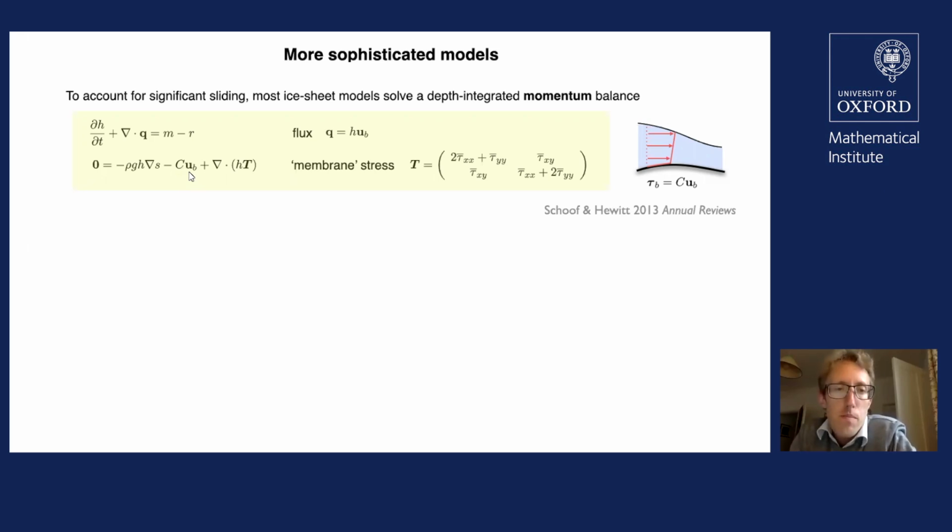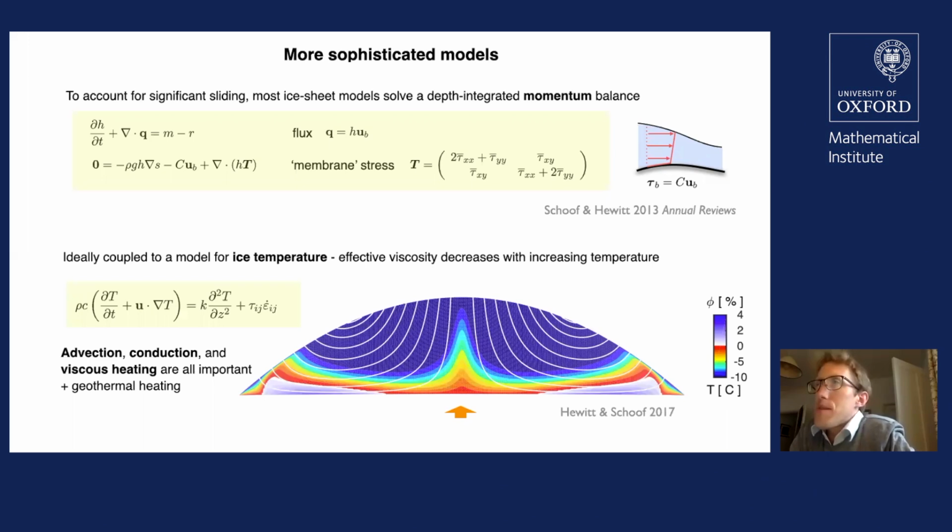If we want to do this properly, we have to couple this to a model for the ice temperature, although this is not always done, because the viscosity, which appears in this stress tensor, depends on the temperature. And it turns out if you look at the size of all the terms in the energy equation, everything's important, basically, except horizontal conduction.